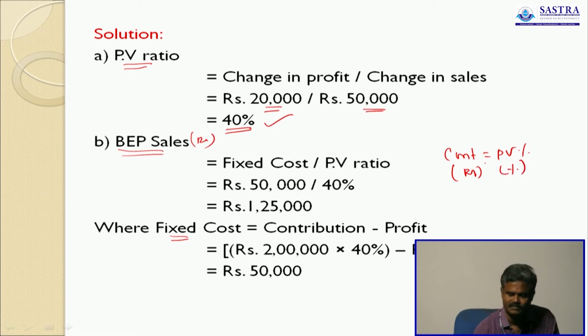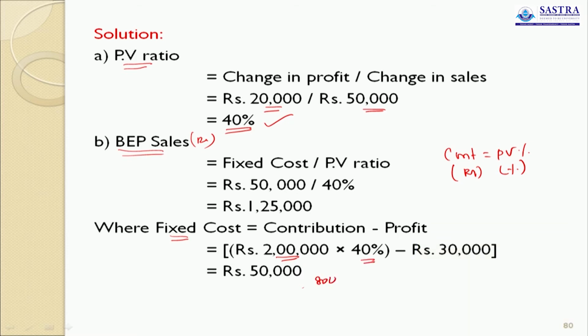So, apply this PV ratio on sales, either it may be period 1 sales or period 2 sales, it is your choice, but I apply this PV ratio on period 1 sales. So, period 1 sales is 2 lakh, PV ratio 40%. So, 2 lakh and 40% is 80,000, this is contribution, minus profit 30,000. So, here fixed cost is 50,000, that is all.